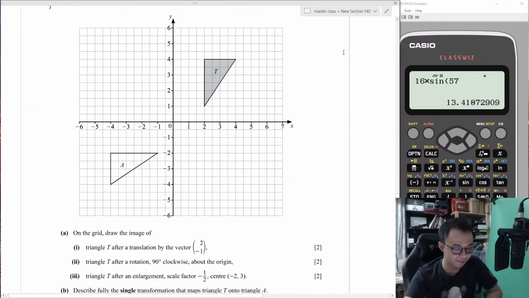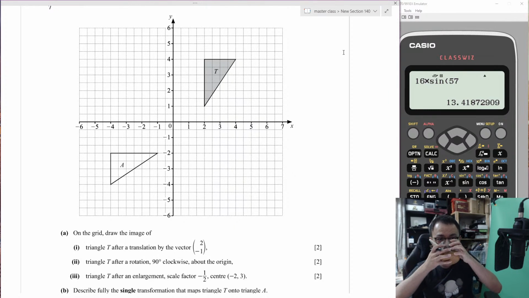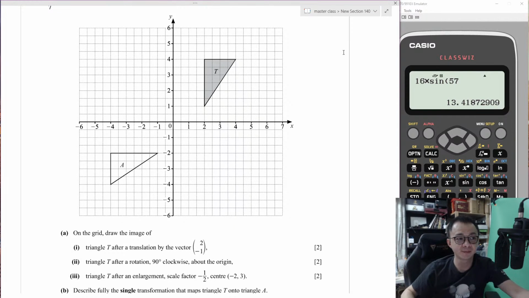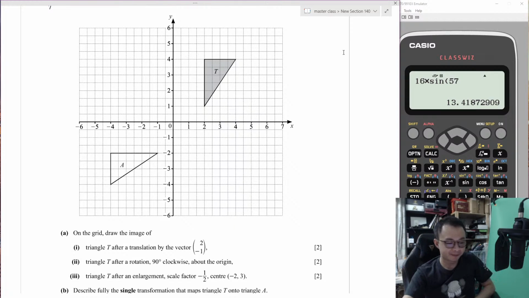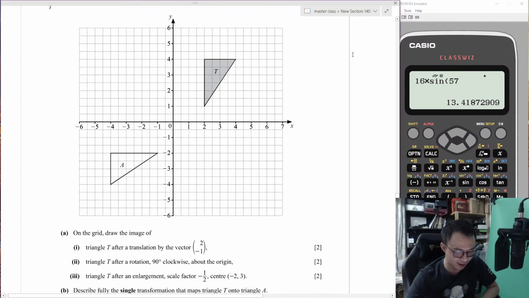Okay, question 7, transformation. Alright, so transformations, I guess it's quite easy.